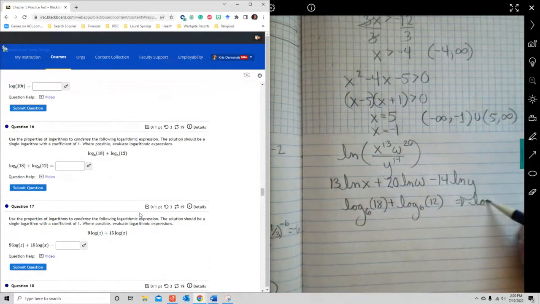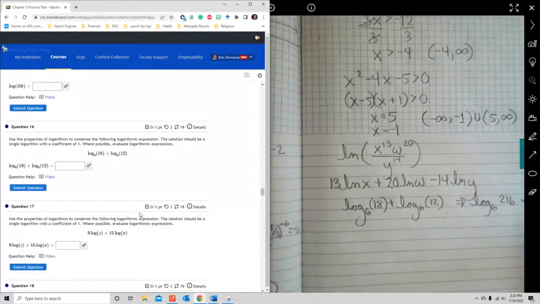So we get log base 6 of 216. Now 216 is 6 to the third power, so we get log base 6 of 6 to the third power. That means our answer is 3.